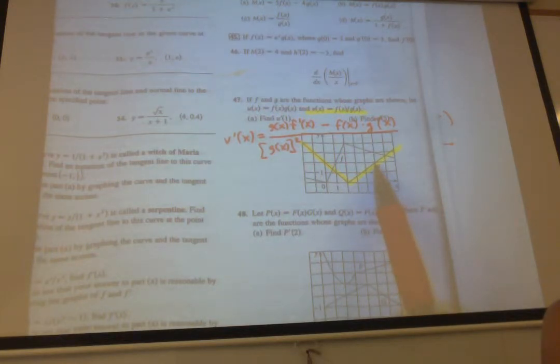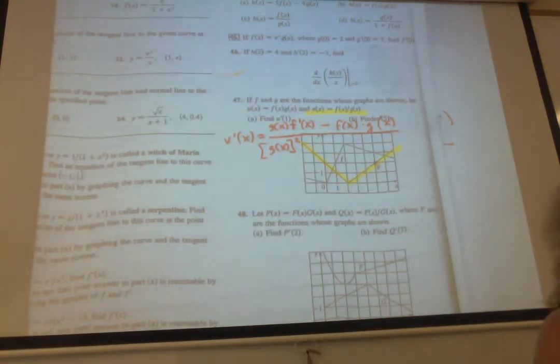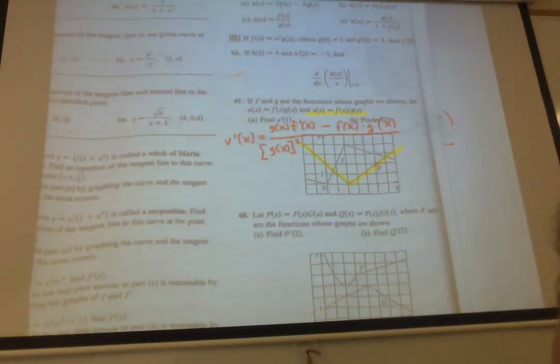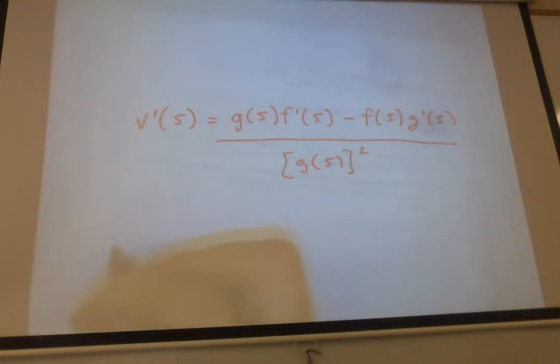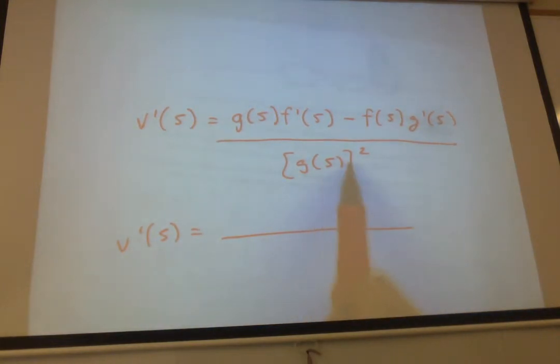Looks like g is 2. So g at 5 is 2. So that means I'm going to have a 2 here. It's going to be squared, so 4, and I'm also going to have a 2 right here.